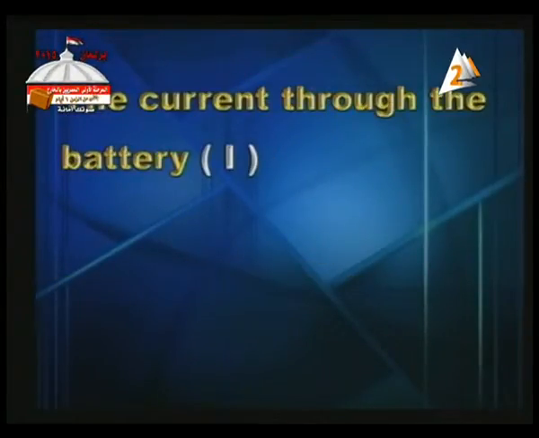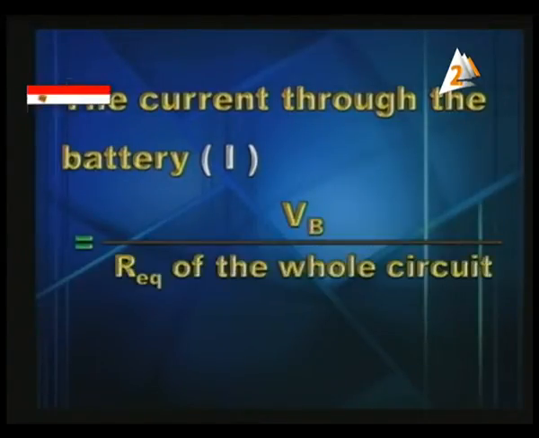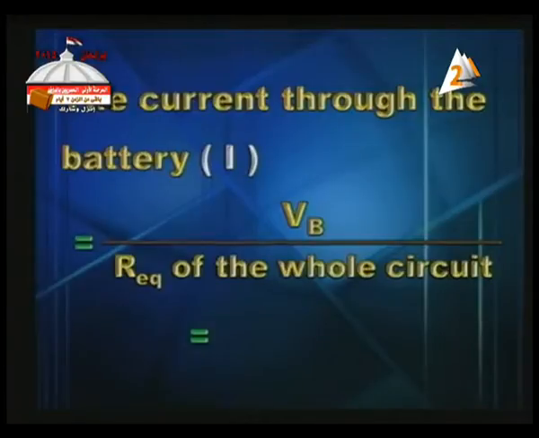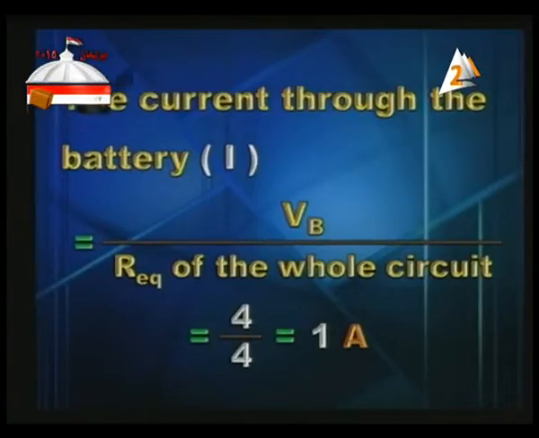The main current, the current through the battery, is denoted by I. It is equal to V battery over R equivalent of the whole circuit, which includes external and internal resistance. So it is 4 over 4, which is 1 ampere.